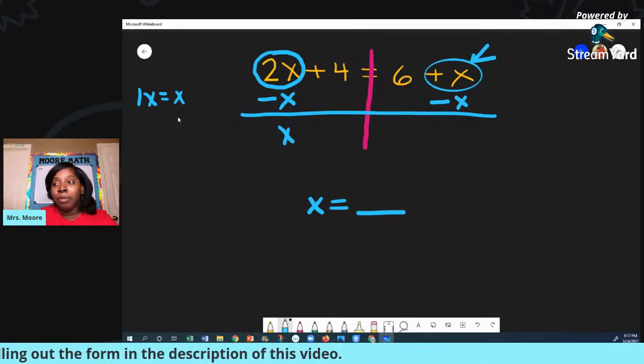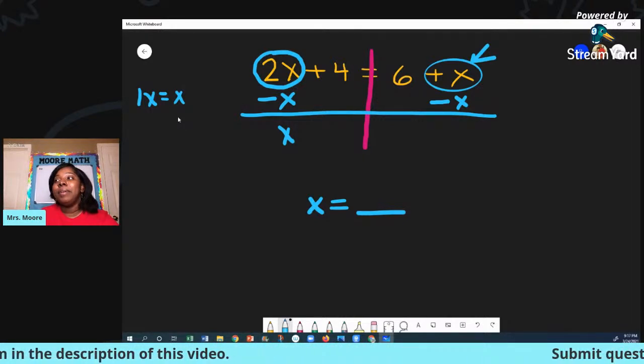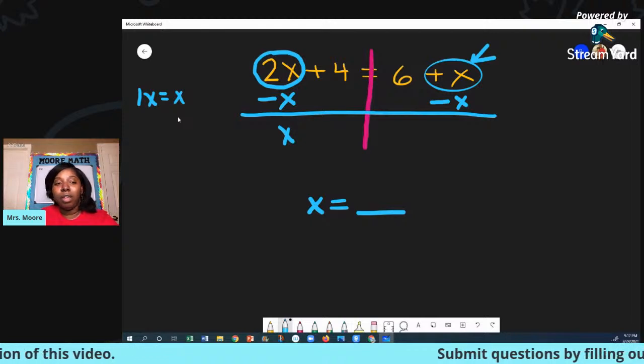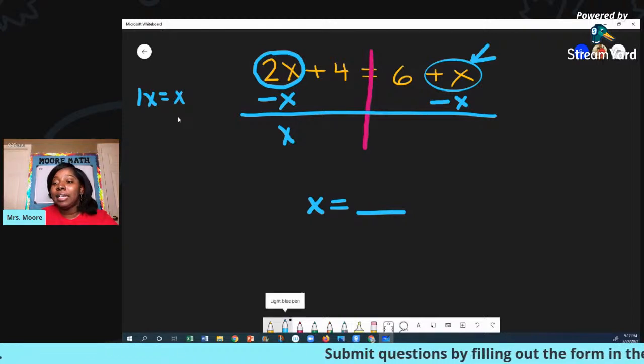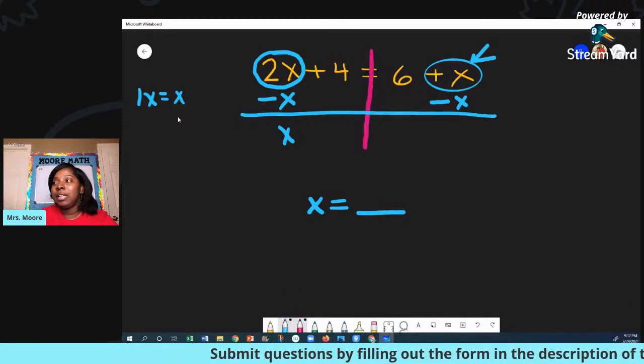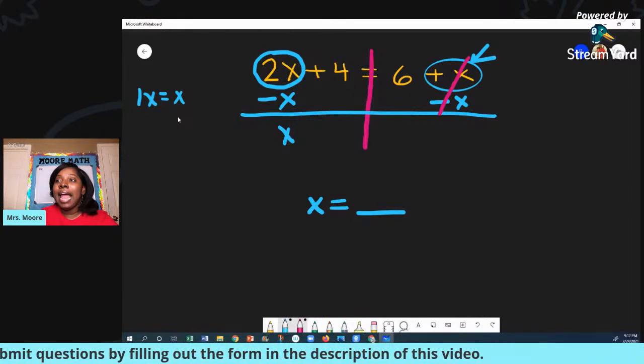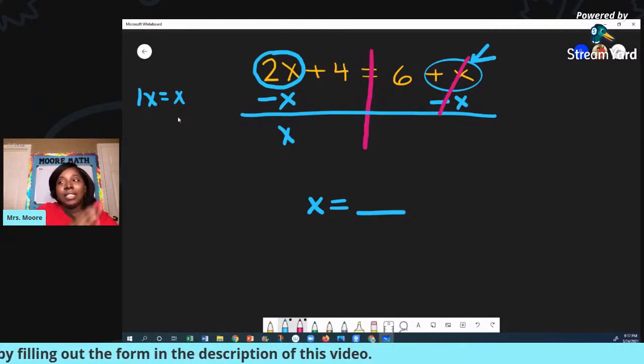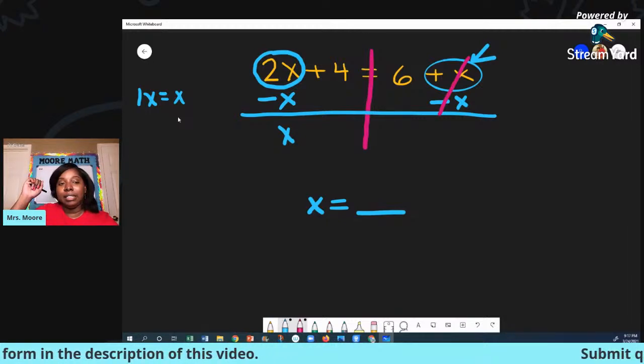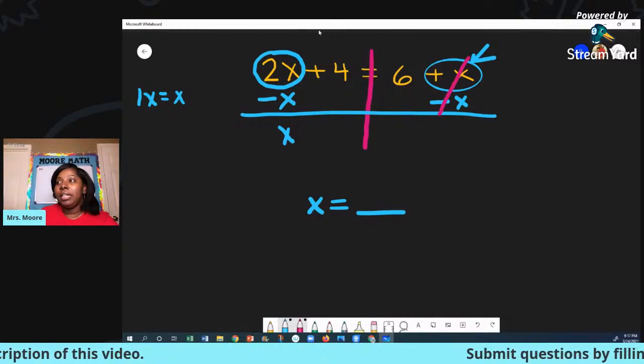Whatever works for you. But we're left with x on this side. A plus x and a minus x, opposites cancel each other out. Okay, now I got all of my x's to one side. Great. All right, so just bring this down.